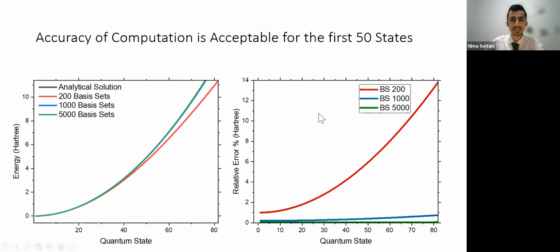And if we analyze the eigenvalues, we see that for the lower quantum states, whether we are using the low resolution mode or higher resolution mode, low resolution mode being 200 basis set, higher resolution mode being the highest one, 5,000 basis sets, whether you're using the lowest or the highest, you see that there is a very good agreement between the analytical solution and the computed results for the first 60 or 50 quantum states.